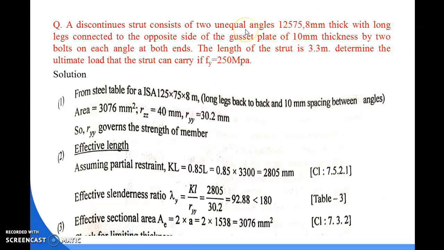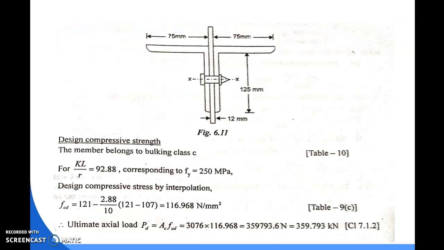And here the question says that there are two unequal angles which are connected to the opposite side of the gusset. That means your figure looks like this. So here is your gusset plate whose thickness is 12 mm, and the longer leg of the angle section is connected to the opposite side of the gusset.